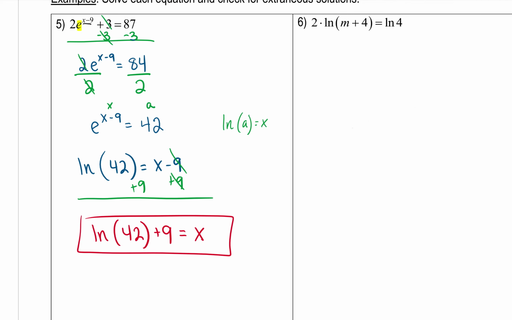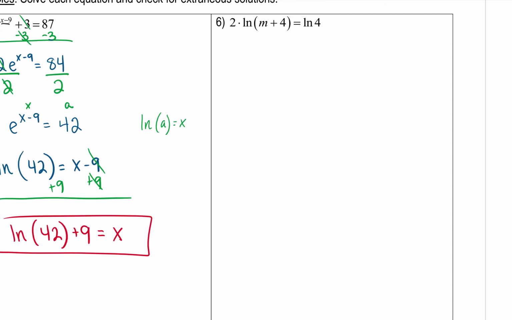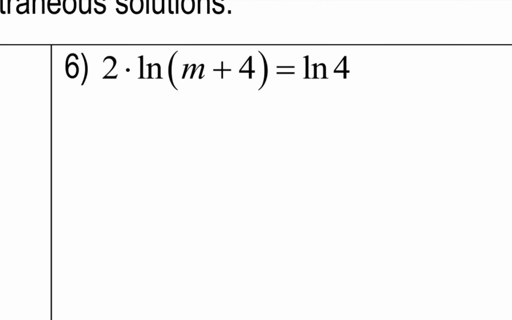Alright, last question. Now I'm going to do a natural log equation. So remember on this one, I have natural logs on both sides, so I want to condense everything as far as I can, and then I can cross off the natural log. So this 2 becomes the exponent.